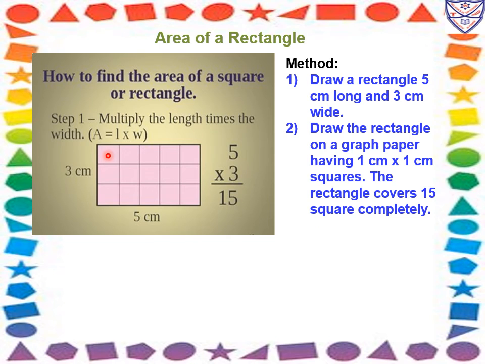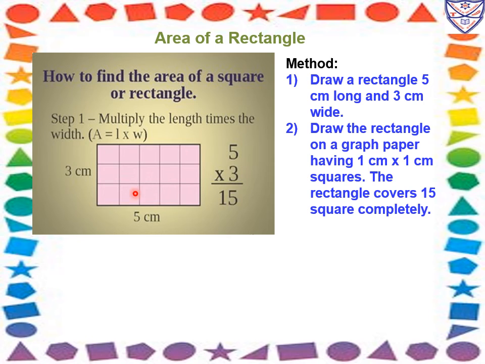How many squares are there along the length side? 1, 2, 3, 4, 5. So that is 5 centimeter. In the width, how many squares are there? 1, 2, 3. So 3 centimeter. So we can multiply: 5 threes are 15. We can also count the squares: 1, 2, 3, 4, 5, 6, 7, 8, 9, 10, 11, 12, 13, 14, 15.